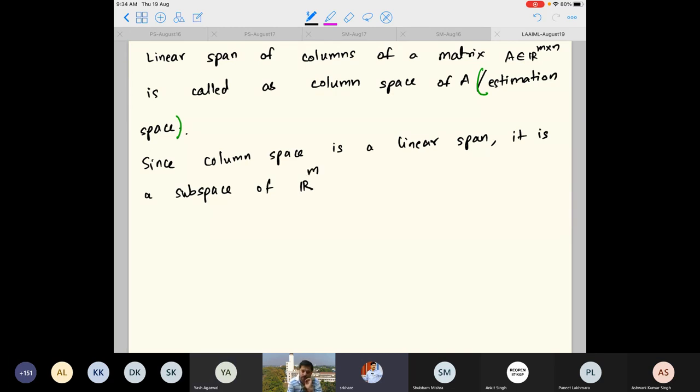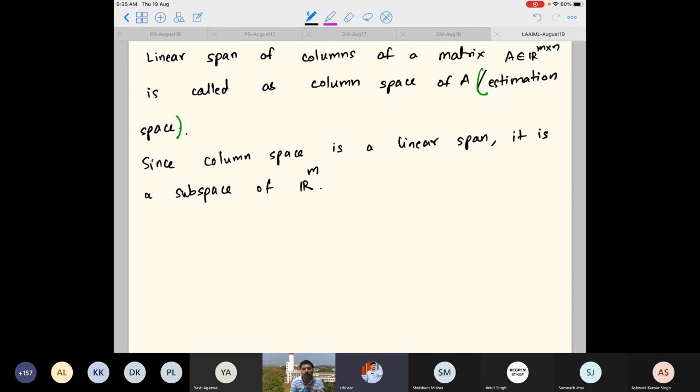It is a subspace of Rm. So there are n vectors given to you from Rm. Those n vectors are arranged as columns of matrix A, and you are looking at all possible linear combinations of the columns of this matrix A. That is called the linear span. So the subspace is called the linear span.